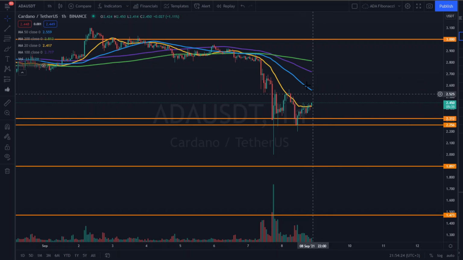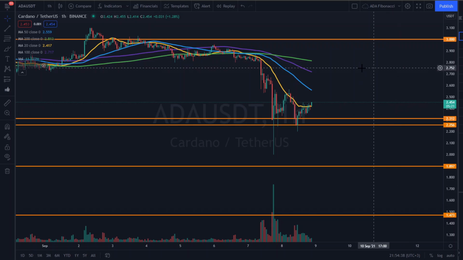So right now we are in a downtrend on the shorter time frames. Also the 200 moving average is often used as a trend indicator. And right now we're trading under the 200 moving average on the hourly chart, which means that in the shorter term we are in a downtrend.